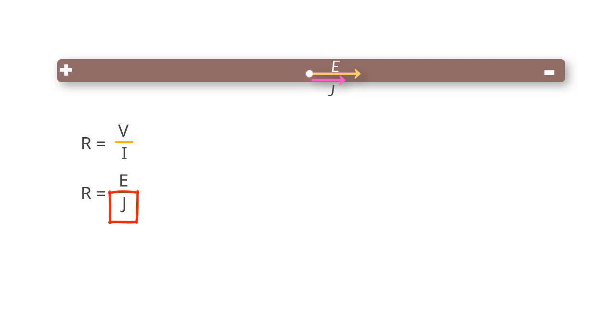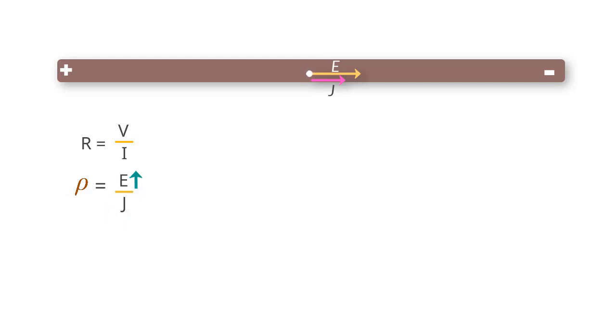In that case, what we get is resistivity rho on the left hand side instead of resistance. And considering resistivity is a material property and a constant, we can say higher the resistivity of a material, higher the electric field required to create current density J.